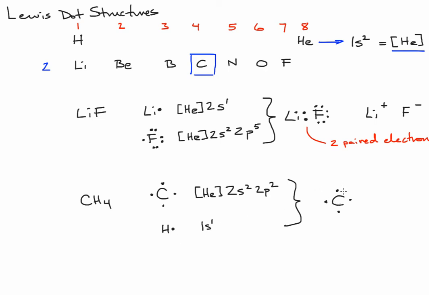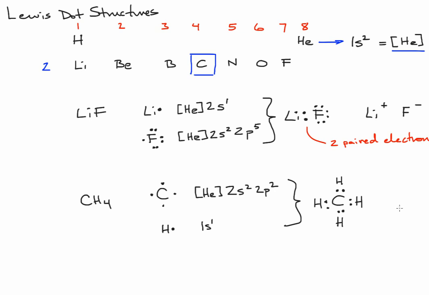So we're going to pair each of these electrons. So there's 1 hydrogen. We're going to pair this hydrogen now, this hydrogen, and finally 4. So we know that 2 electrons make a bond. So this is the Lewis dot structure.